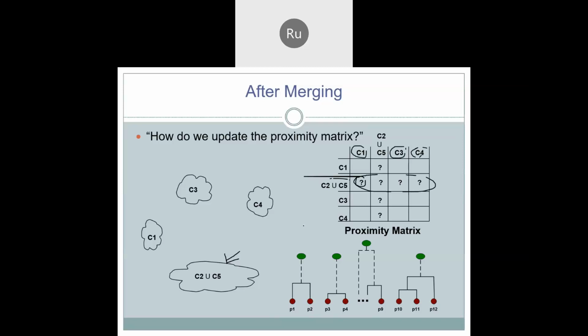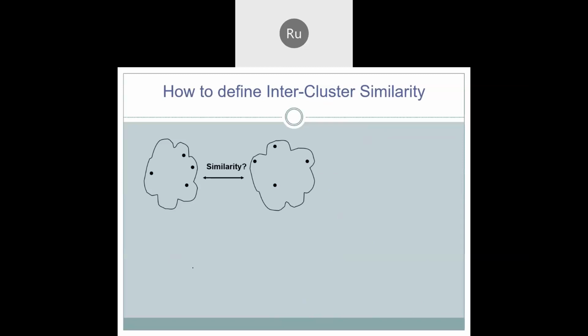The issue here is that we have single, complete, and average link, which define the distance between two clusters, because you want to know which clusters to merge. There are a few methods. The first is called single link, or the minimum.